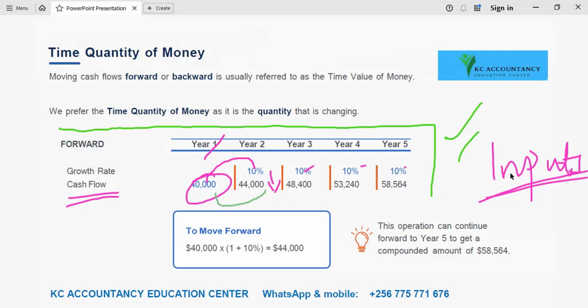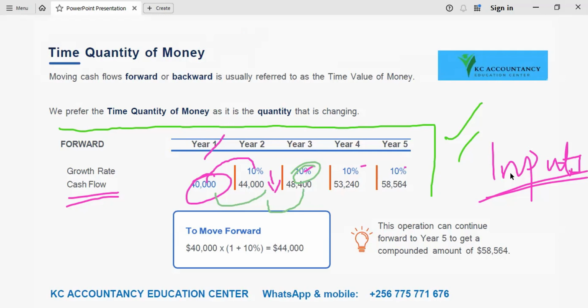And the quantity is increasing over time. For instance, the 10% growth in year 2 has increased the cash flow from 40,000 to 44,000. There is another 10% increase in year 3 that increased the value from 44,000 to 48,400.